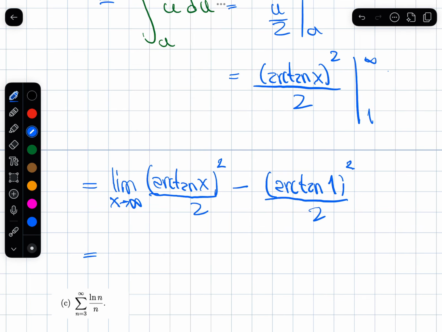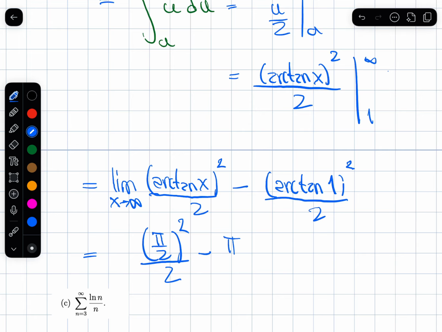So finally, as I've said, as x goes to infinity, this is pi over 2 squared over 2. And then the arctangent of 1 is an angle whose tangent is 1 in the range of arctangent.